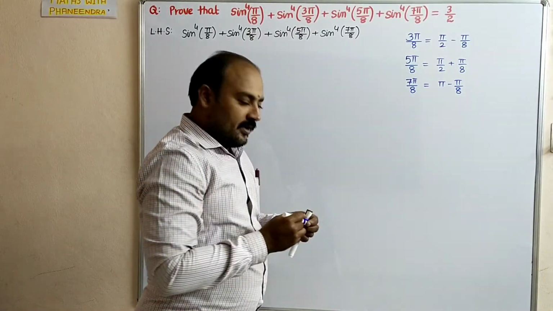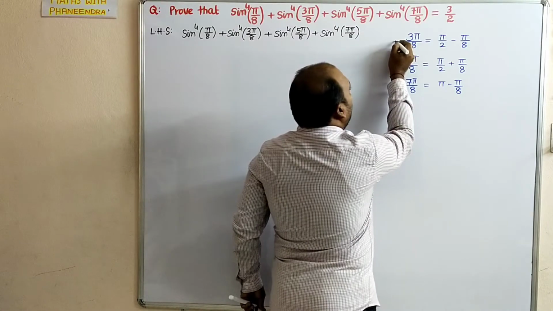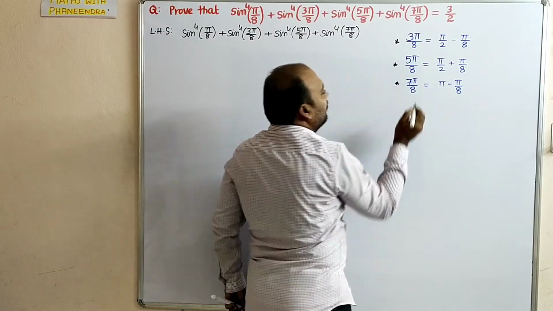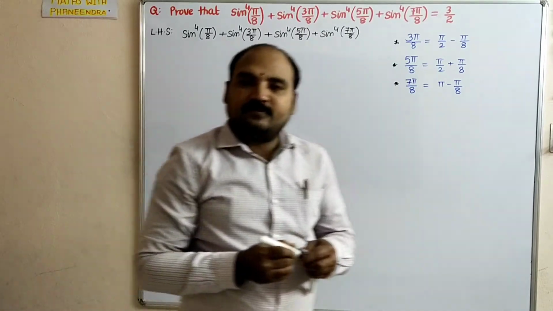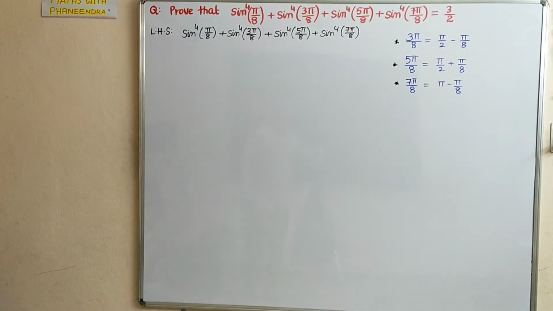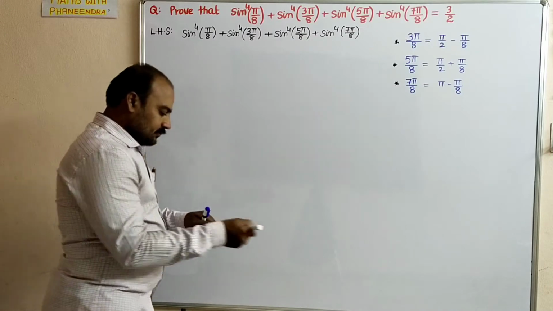These are the very important things. Wherever 3 pi by 8, 5 pi by 8 and 7 pi by 8 is there, you have to replace with these values. Now substitute these values.